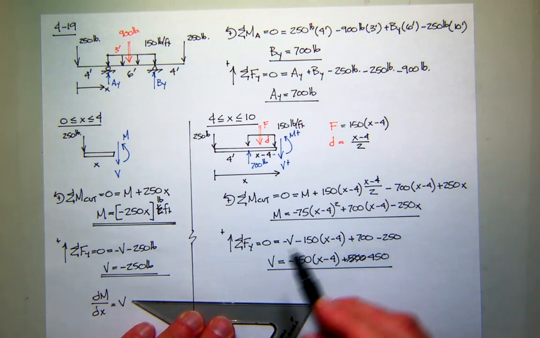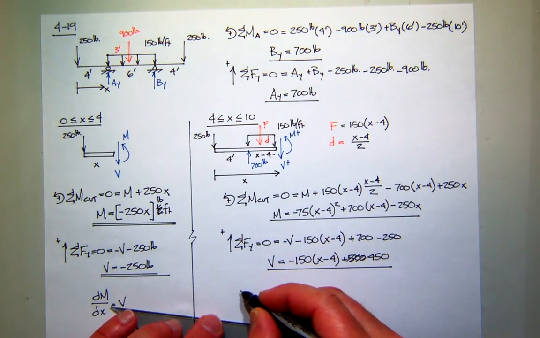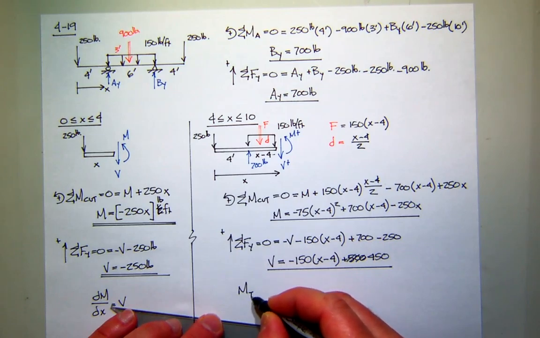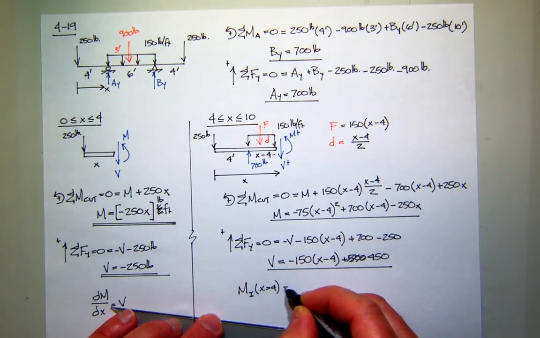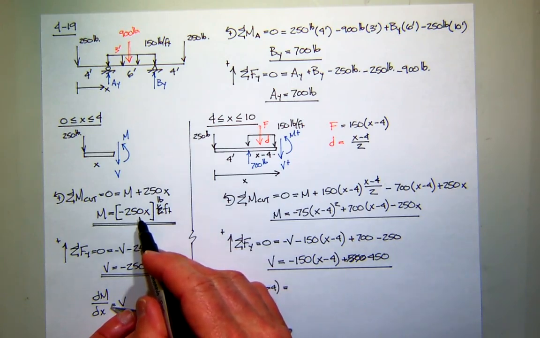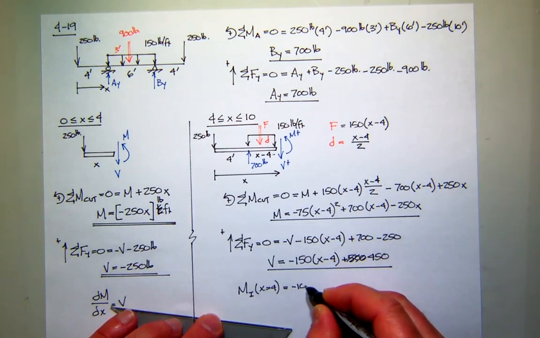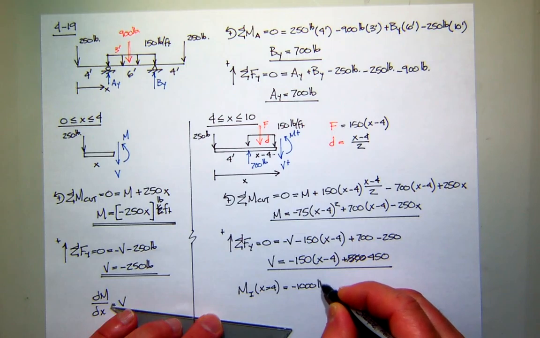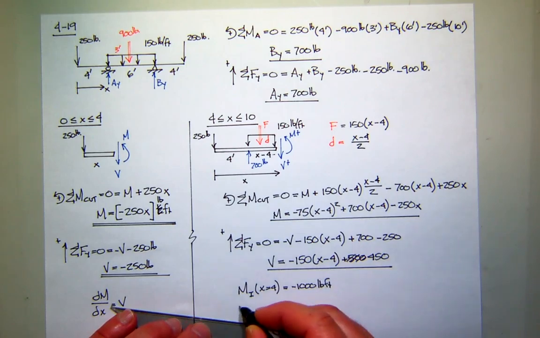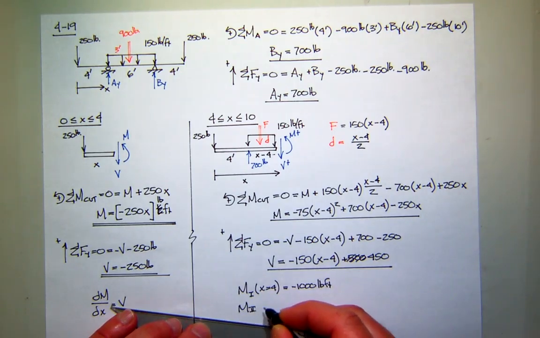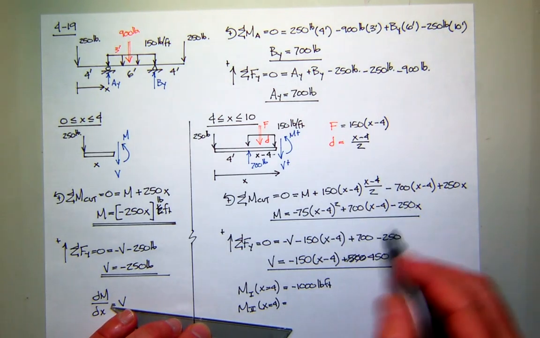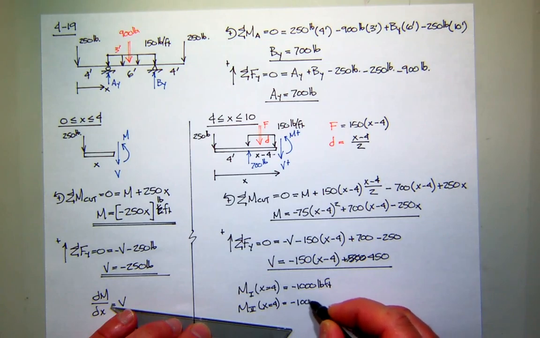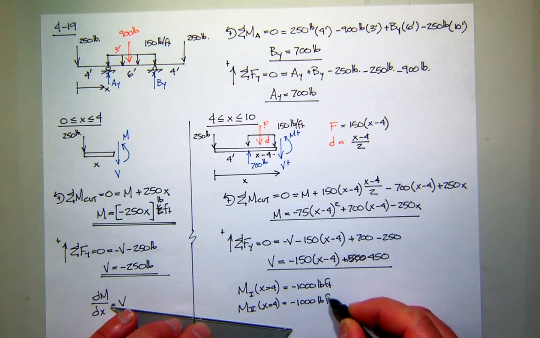And the interesting thing here is that when you evaluate the moment at the first section at x equal 4, that's pretty easy. It's negative 1,000, right? Then I evaluate the moment in the second region at x equal 4. Cool thing is all this disappears, and look, you get the same thing. So that's a quick way to make you feel good about yourself.